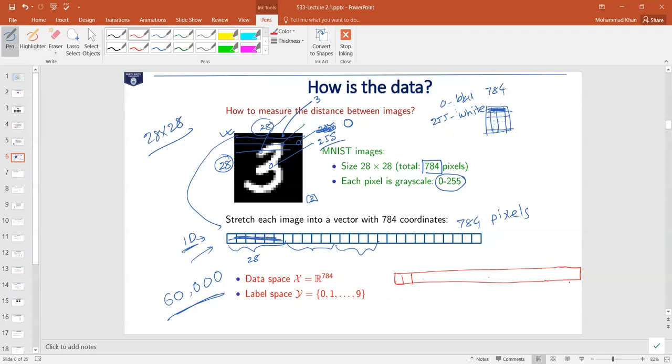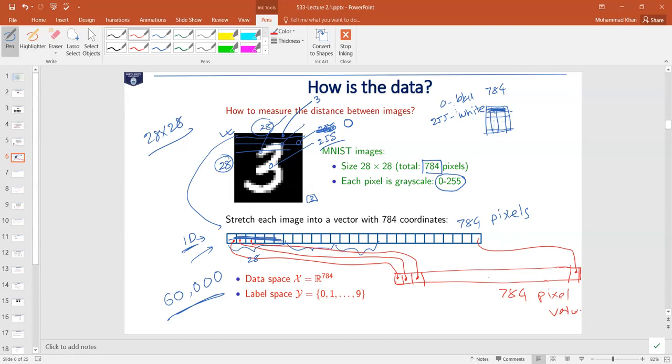There will be exactly 784 pixel values here. Then we'll find the distance from this number to this number, from this number to this number, until the end.